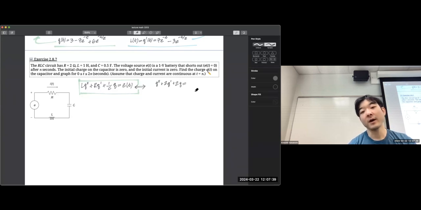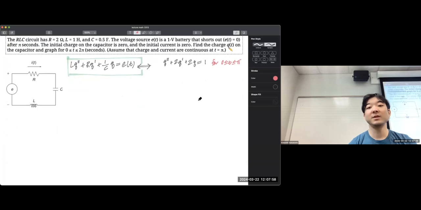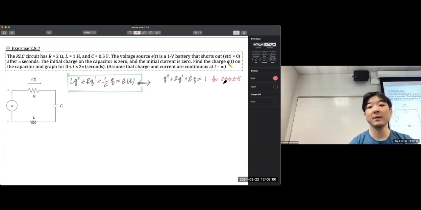And before it shorts out, my E of T is a 1-volt battery, so it's 1. This would be for 0 to pi. So we're just building the equation for before it shorts out.